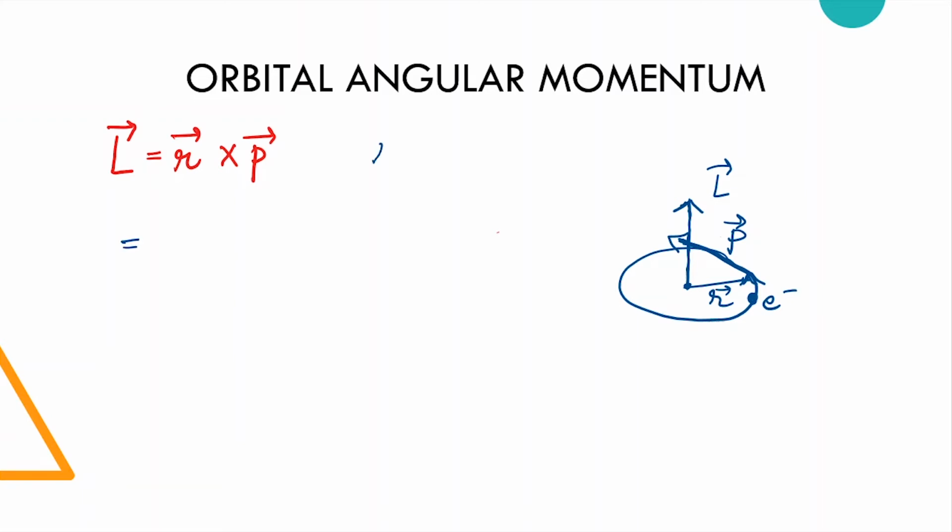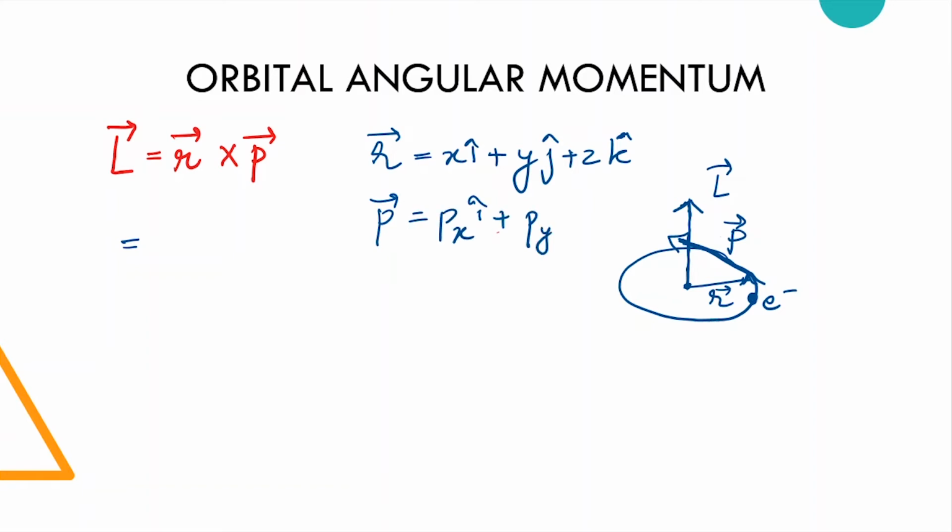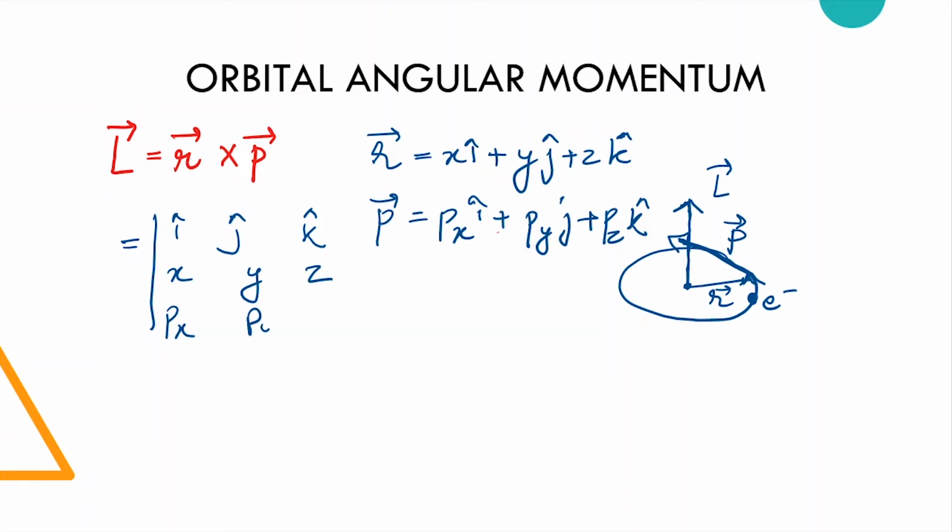So if we have r equal to x i cap, y j cap, and z k cap, and our momentum is represented by px, py, pz, we write all three components for this vector. We simply have to do the cross product of x, y, z with px, py, and pz.